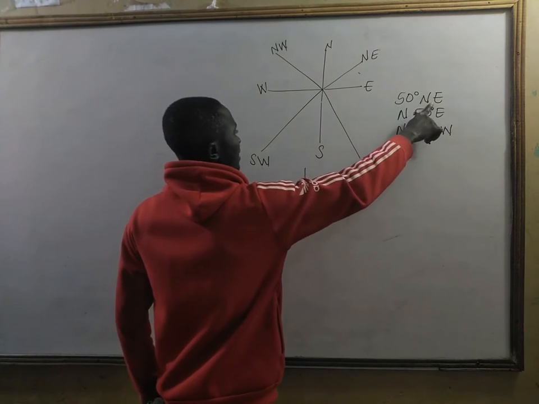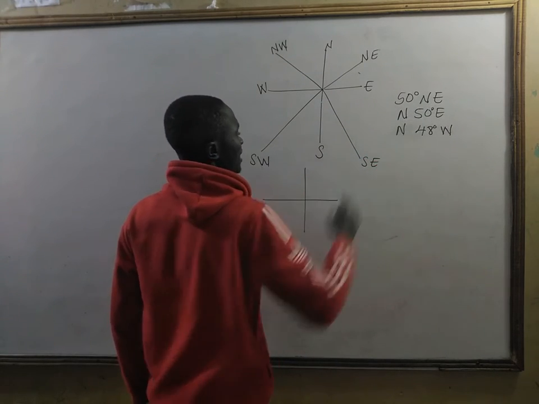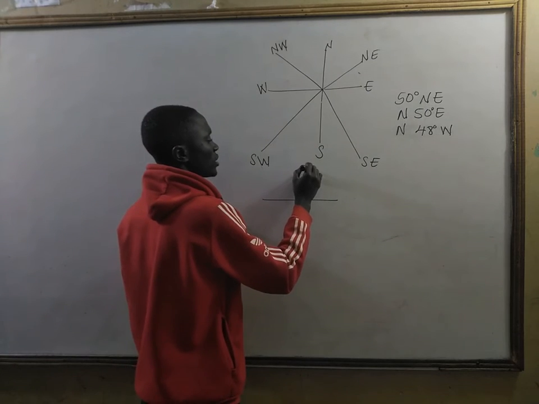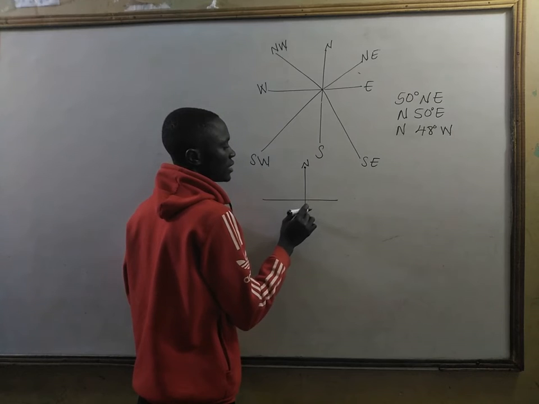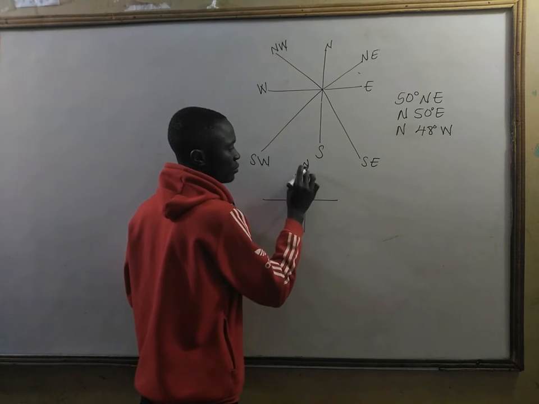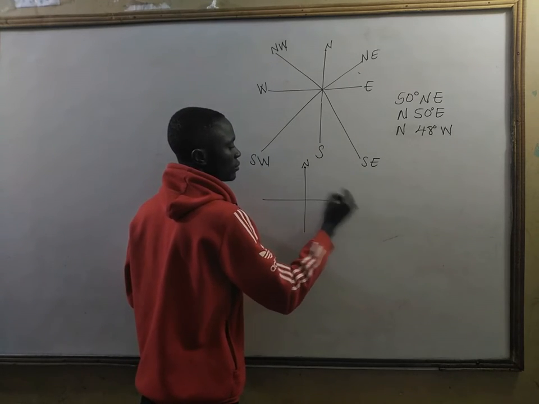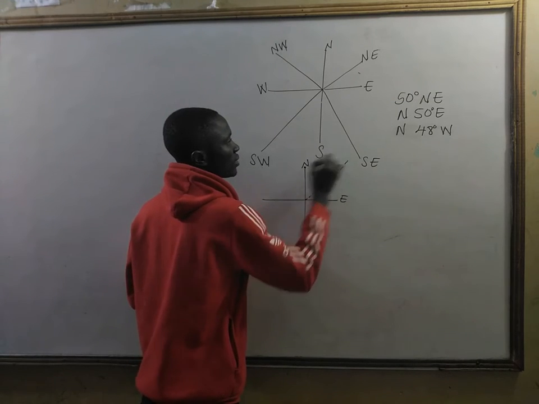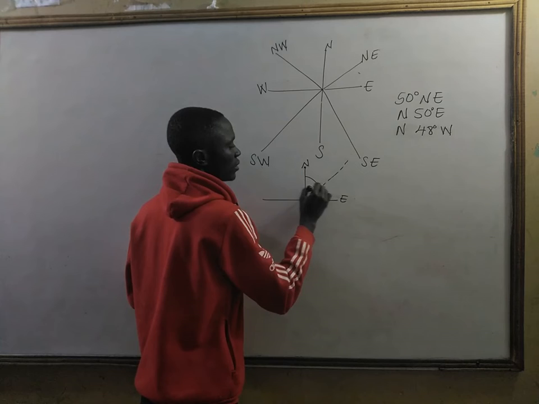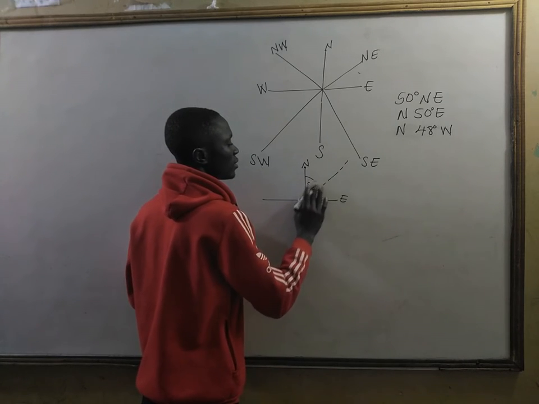So 50 degrees northeast, or north 50 degrees east, means that we should stand at the north and measure 50 degrees to the east. So from north, you come and land on this line, and this is 50 degrees.